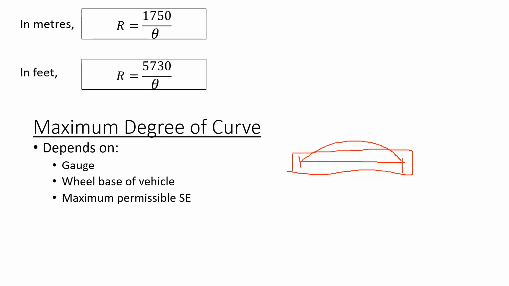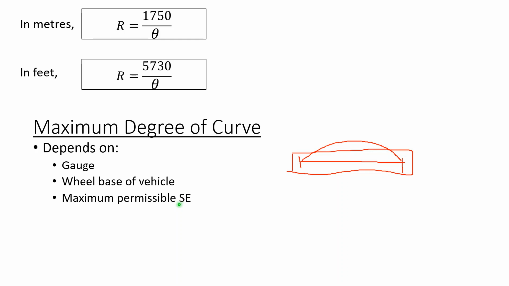Another one can be the sharpness of the curve. In the case of a sharp curve, greater effort is required by the engine in hauling the vehicles. Also, as we all know, the super elevation is inversely proportional to the radius, so in the case of a sharp curve the super elevation will be maximum.